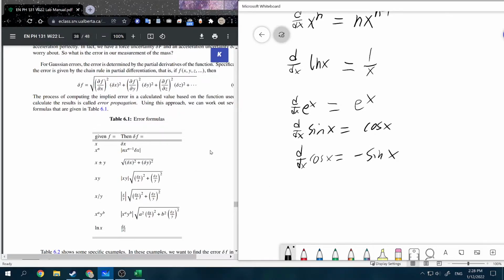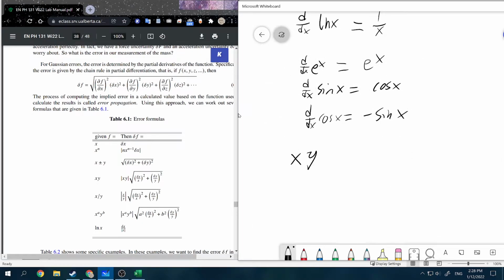So if you do errors, then you need to do partial derivatives. And partial derivatives are actually not that difficult if you know how to do derivatives. Let's say I have x times y, and I want the partial derivative with respect to x.